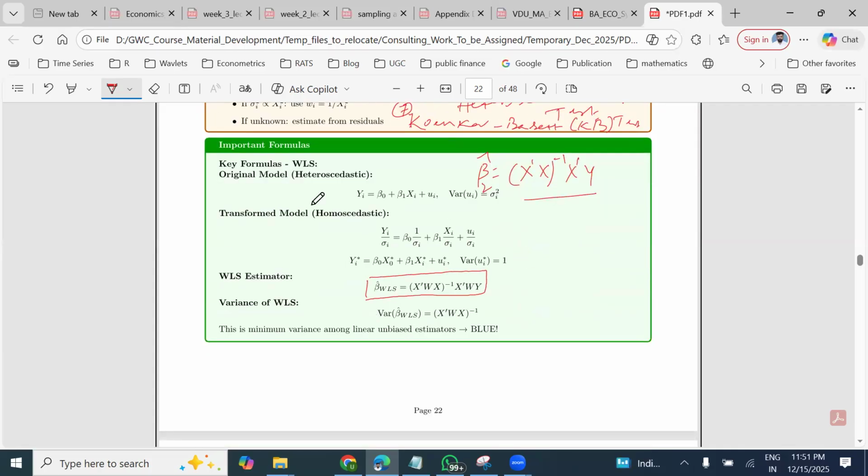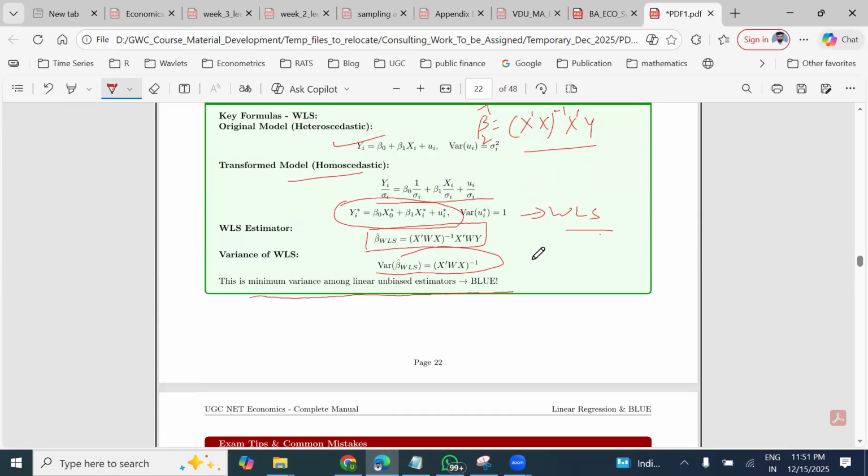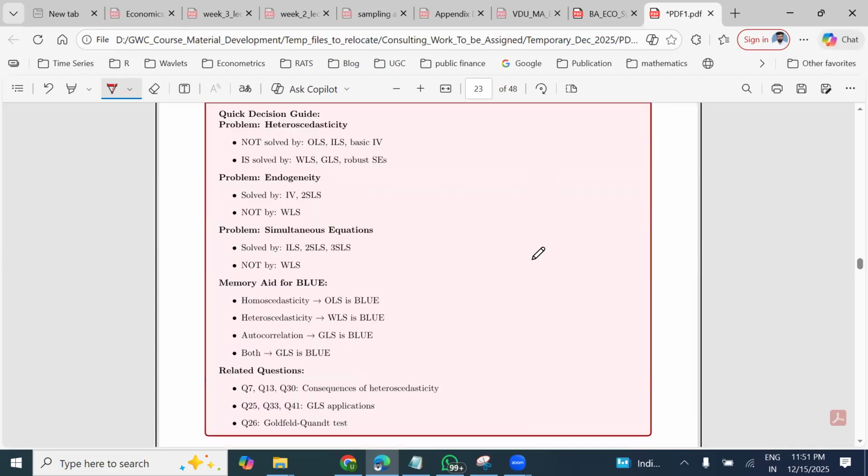So you can see over here, if this model is heteroscedastic, then you can transform the model like this. You can divide everything. This transformed model is written in terms of star. This star is nothing but the weighted least squares, WLS estimation, and this is how you will derive it. Then this has minimum variance among linear unbiased estimators. Is it clear? Yes, sir.